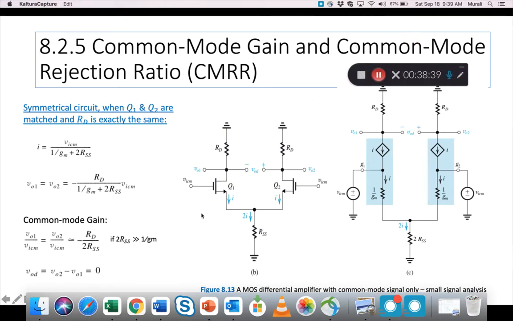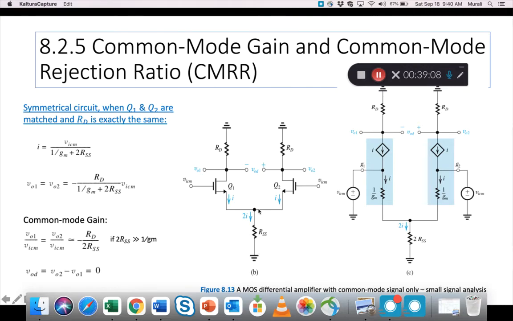So we have a symmetrical circuit with Q1 and Q2, and RD is exactly the same. The common mode gain, which we've already seen before, is not anything new, but this time we have an RSS to worry about. If you remember the previous analysis, this was an open, right?